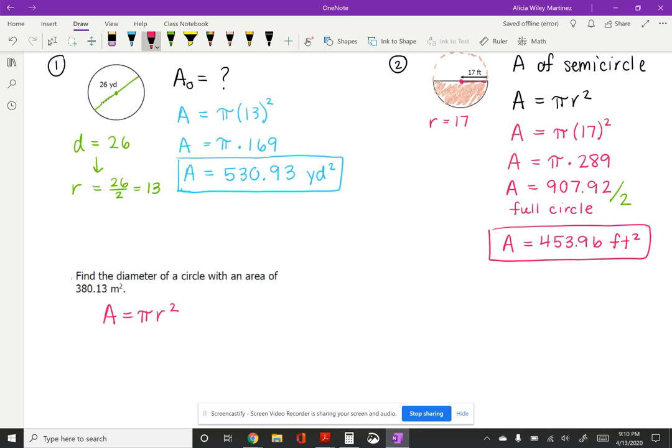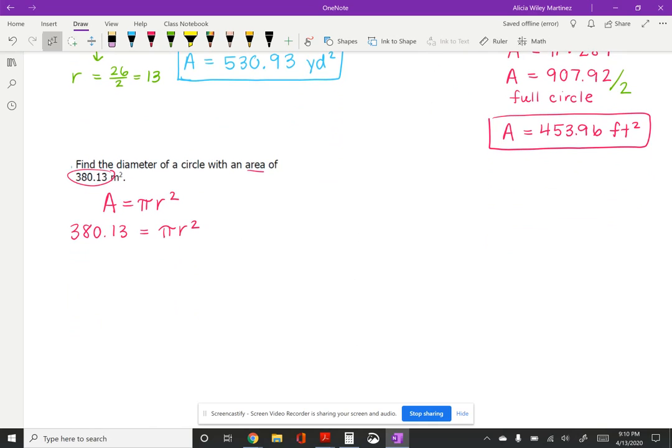Now the area formula does not include diameter, but it does include radius, and we know that the radius and the diameter have a relationship. So we know that the area is 380.13, and we don't know r. So to find r, we can just solve for it.